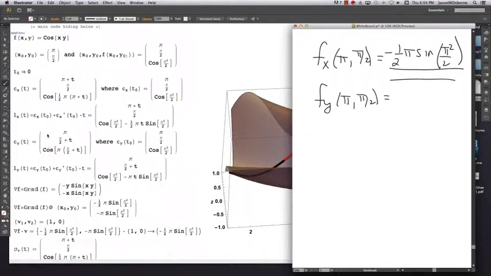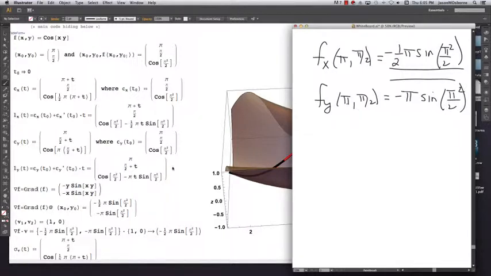Let's compare f sub y, the partial derivative of f with respect to y at pi over 2. I should see that answer right here, the same answer, except without the half, minus pi sine pi squared over 2.